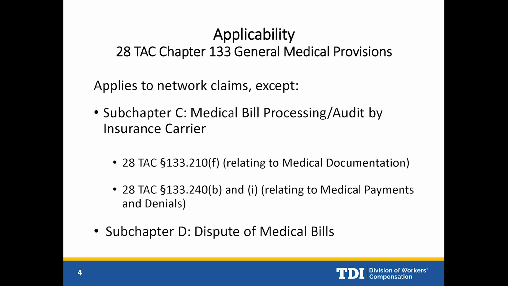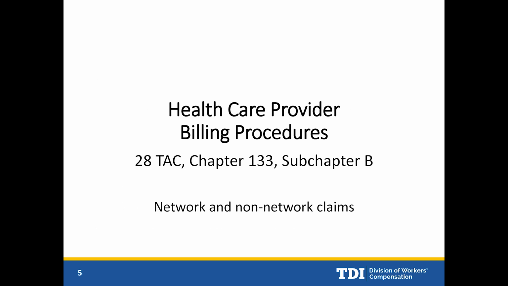Workers' compensation healthcare networks can set their own requirements for requesting reconsideration when your medical bill is denied or reduced. And then subchapter D is specific to dispute resolution of medical bills. Medical fee dispute resolution is different for healthcare networks and non-networks. So we'll look at that also.